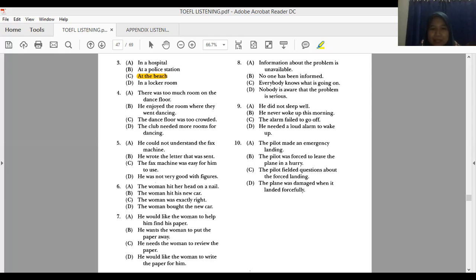Number 4, Mr. Manggala. Did you enjoy the evening at the nightclub? I wish there had been a little more room on the dance floor. Your answer, Mr. Manggala. Alpha, there was too much room. I wish, here it is, I wish. Oh, so what happened is the opposite. Let's check again. Number 4.